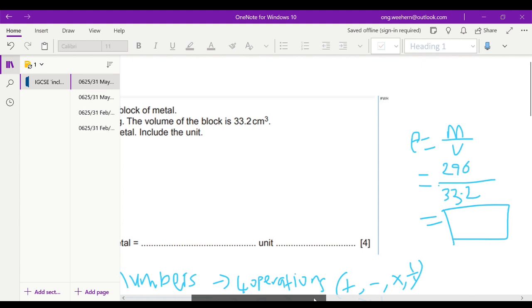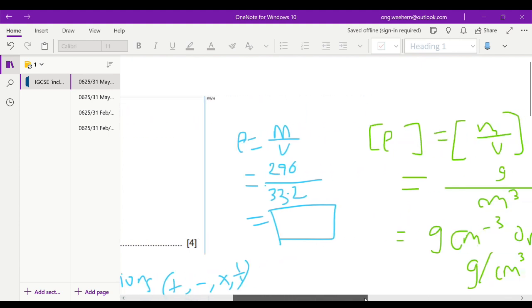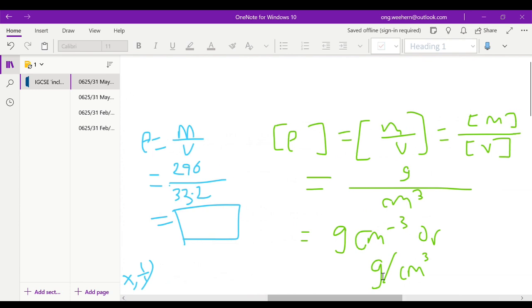In this case, we indicate the units for density. We put them in square brackets to indicate the units for a particular quantity. The units of density is equal to the units of mass over volume, which is the units of mass divided by the units of volume.